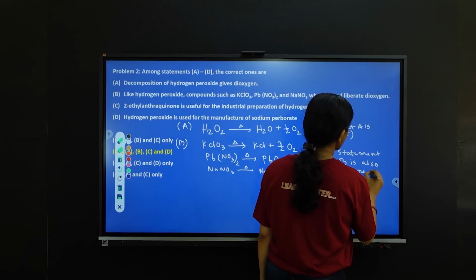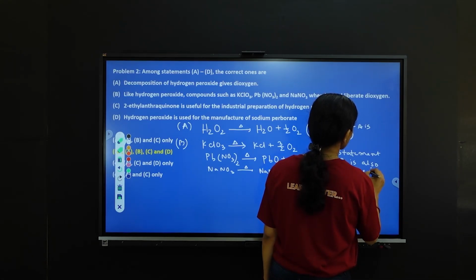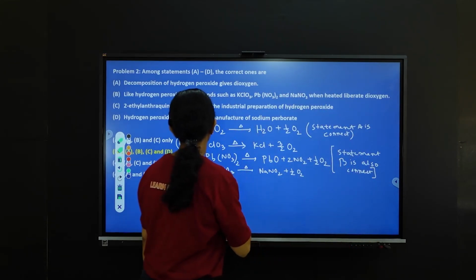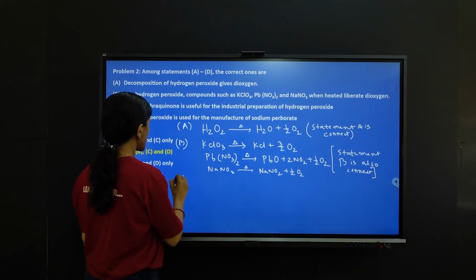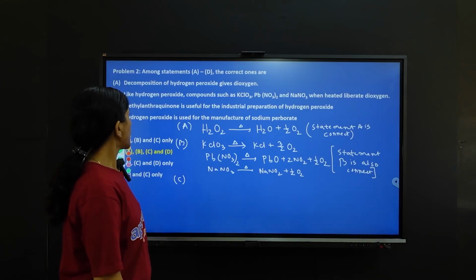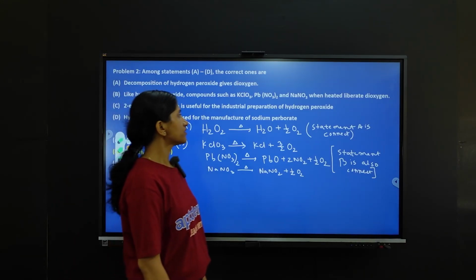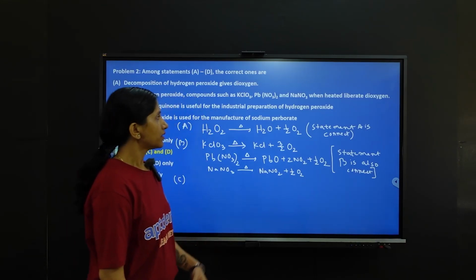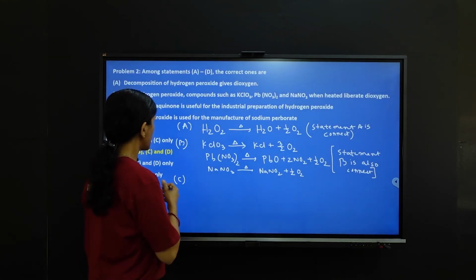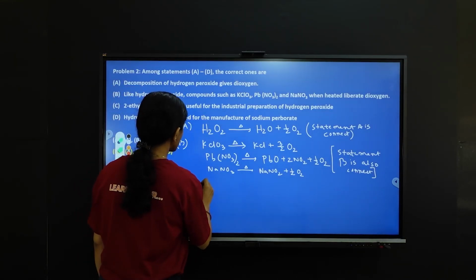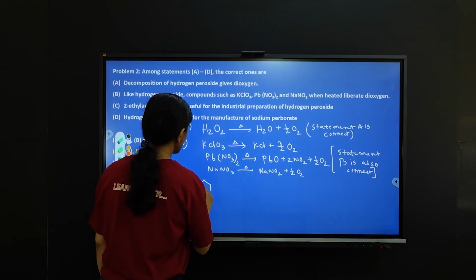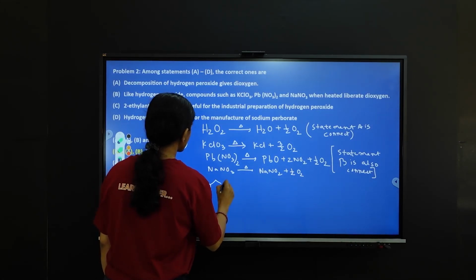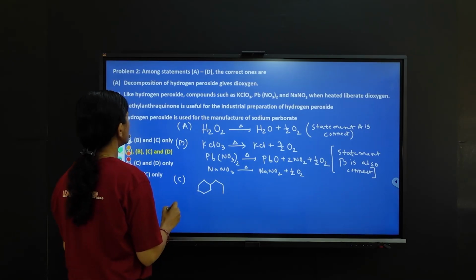Now let's check statement C. Statement C is saying 2-ethyl anthraquinone is useful for the industrial preparation of hydrogen peroxide. Now let's check. First of all, I will draw the structure of 2-ethyl anthraquinone.